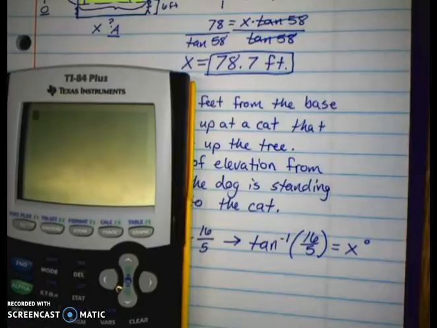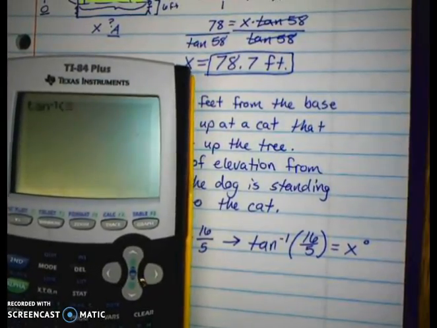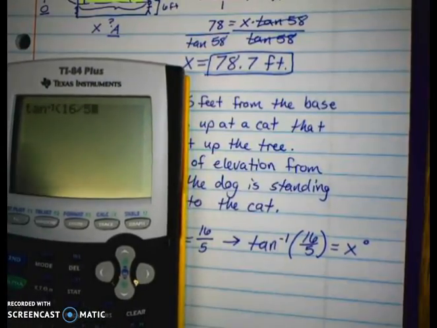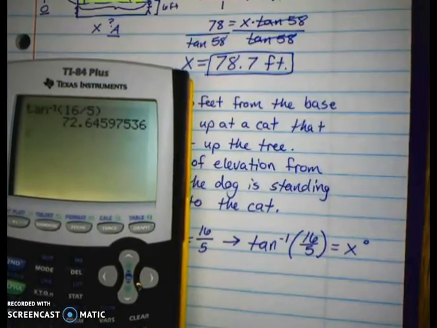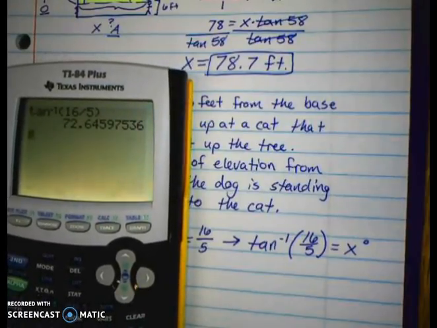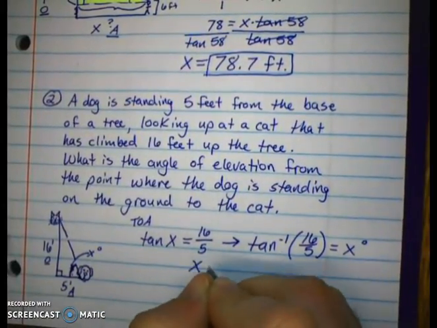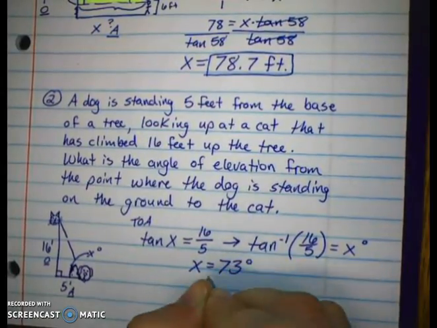Okay, we're going to make sure we're set in degrees, but then we're going to do the inverse tangent of 16 divided by 5. And we find out that that is a 73-degree angle almost. Since we're finding an angle measure, we do want to round up or down to the nearest degree, but in this case, it's about 73 degrees.